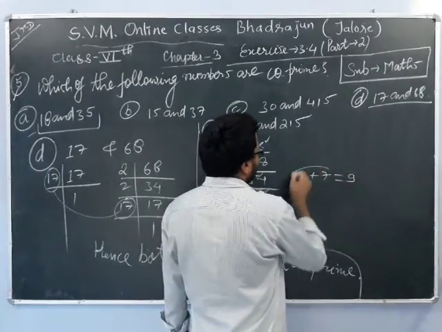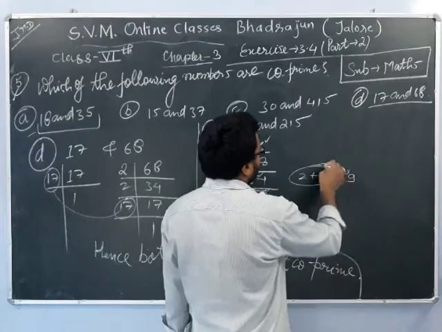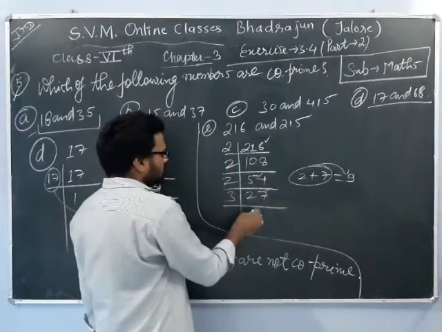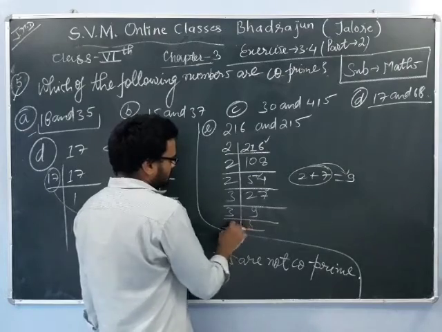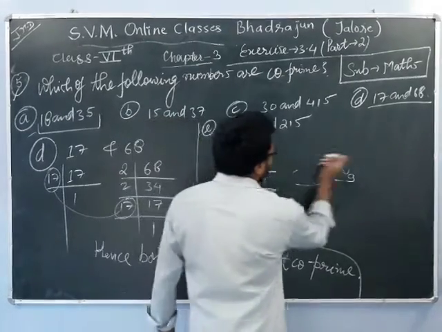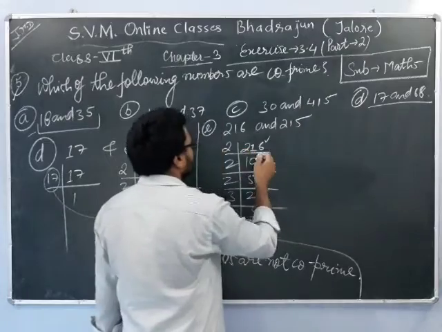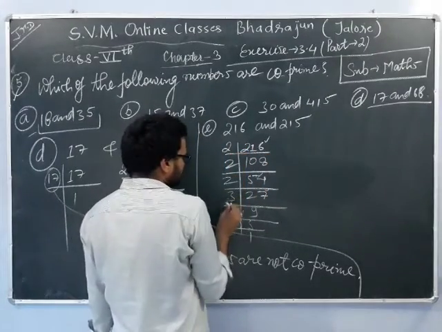Now the sum of digits is divisible by 3, so this number will be divisible by 3. So 3 9s are 27, 3 3s are 9, again 3 3s are 9, 3 1s are 3. Okay, so here our factors are 2, 2, 2, 3, 3, 3.